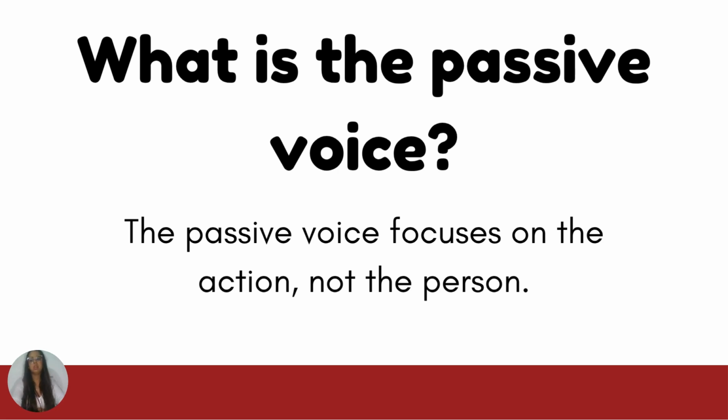For example, in news reports or formal writing, we often use the passive voice because the action is more important than the subject. So, instead of saying who does something, we focus on what happens.